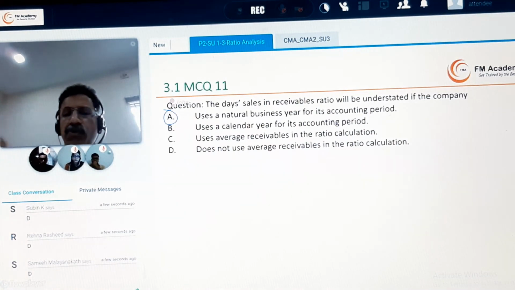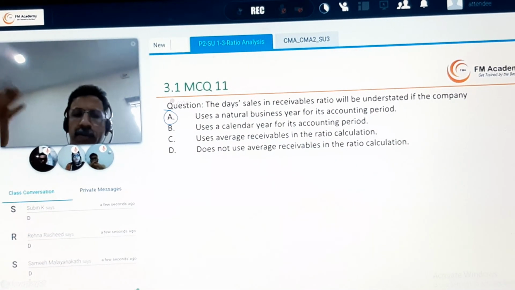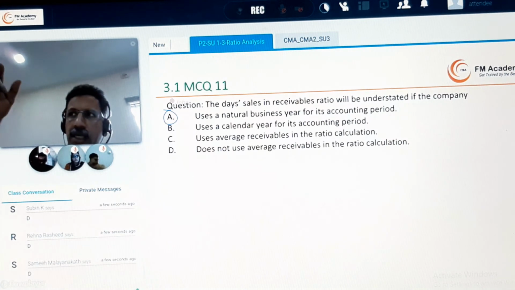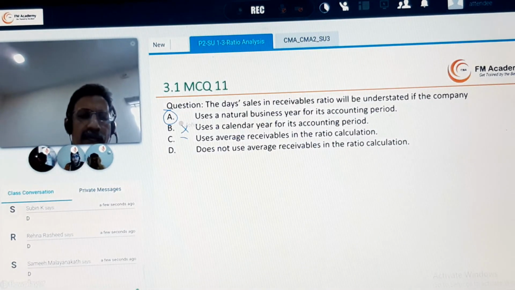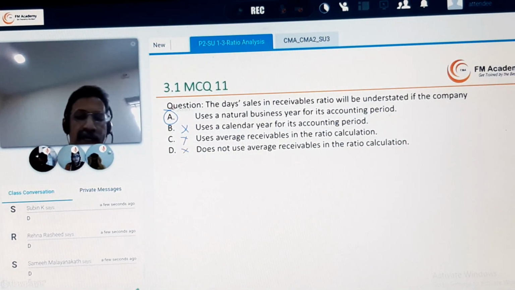Again, if we know the pattern, then we can, otherwise we cannot make any clue from that. Does not use average receivable. Again, the average will be higher or the period will be higher. It all depends whether the company is in a growth trend or declining trend, and nothing is given, so you cannot make any assumption just like that. So A is the only correct answer.